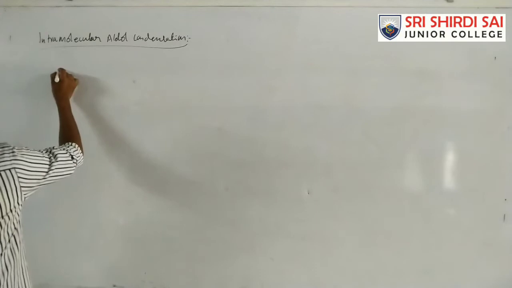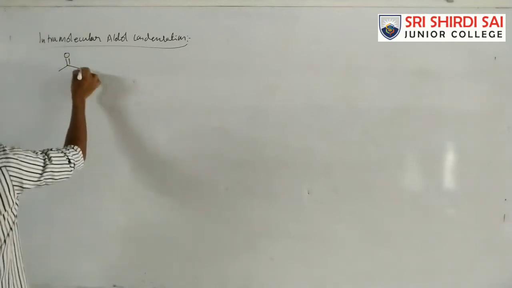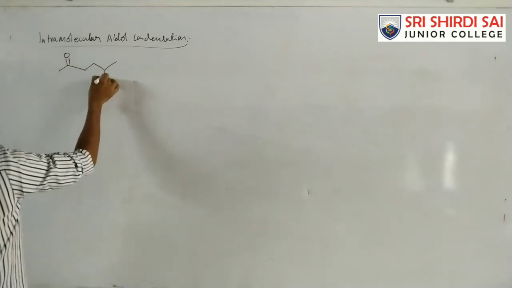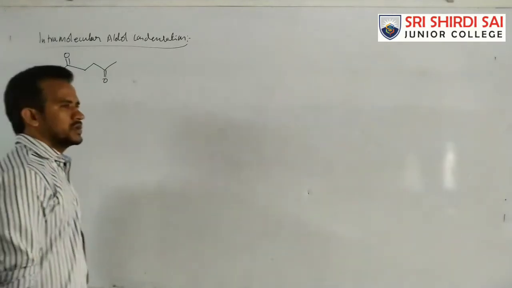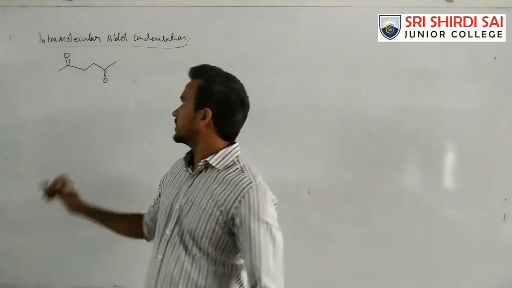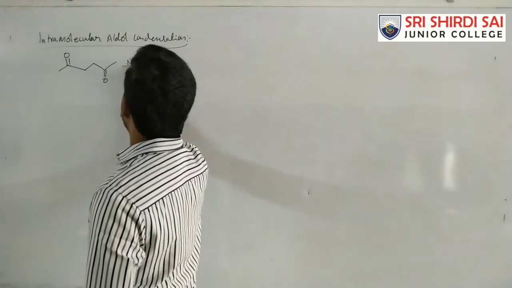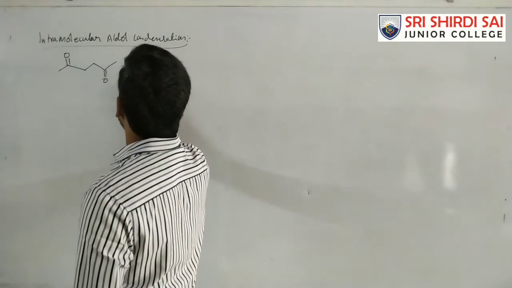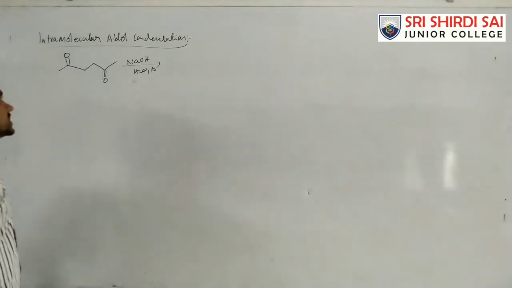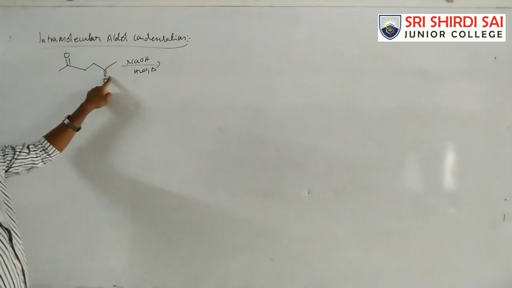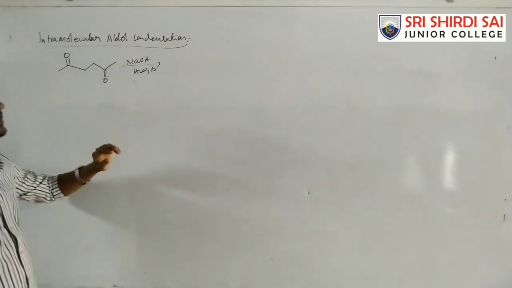So now see this one, treated with NaOH and heating also. Here there are two chances. Both terminals are CH3CO, so the alpha carbons with 3 hydrogens are the same.